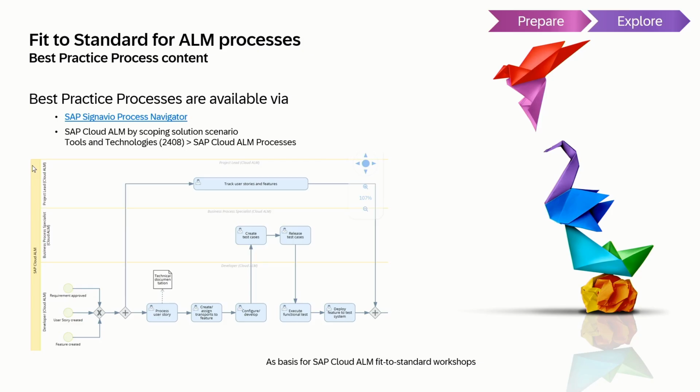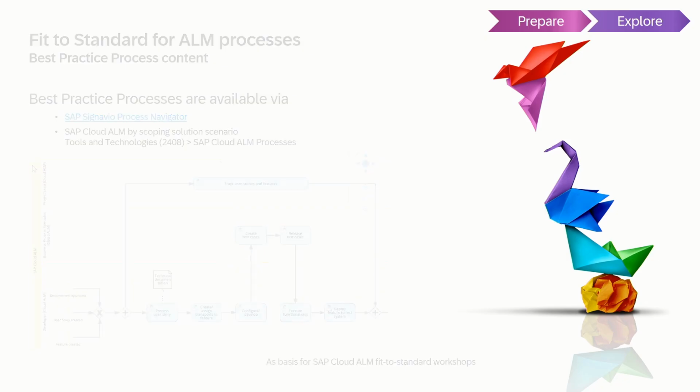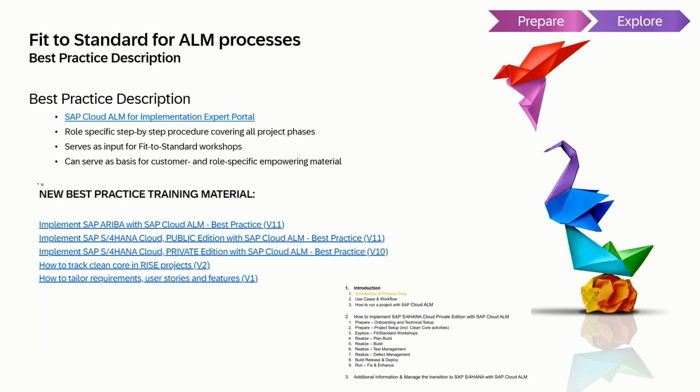We don't have that test case description as such, but what we have for SAP Cloud ALM is a best practice description. We offer that on the support portal. That's for now a pretty big PowerPoint presentation, which shows step by step how to run through the implementation process in SAP Cloud ALM.